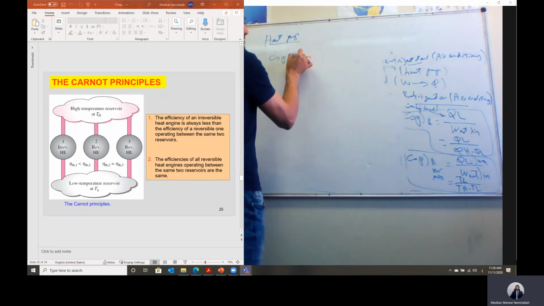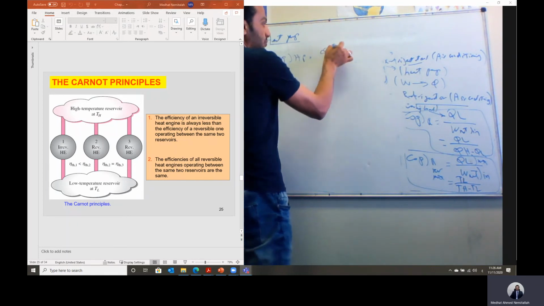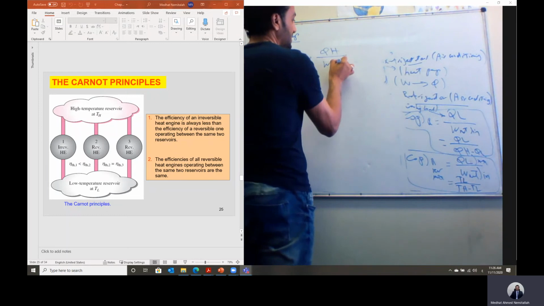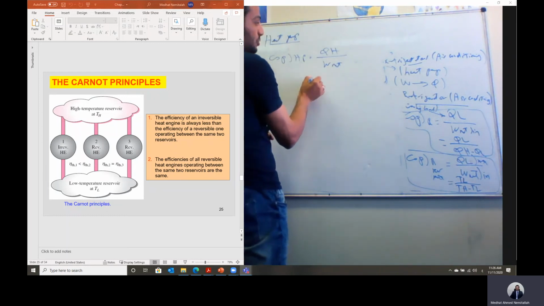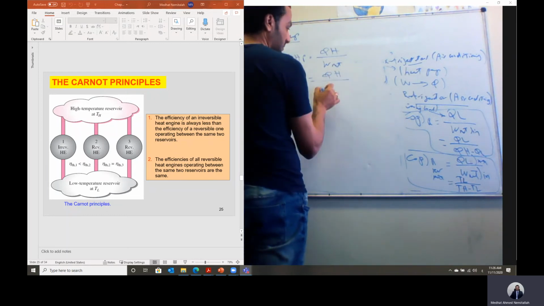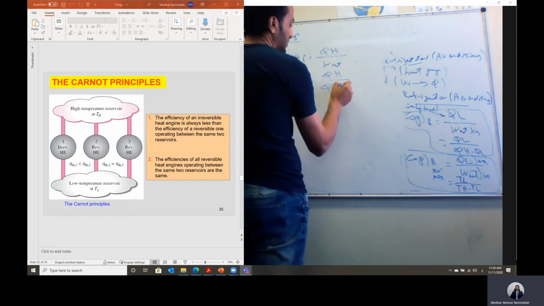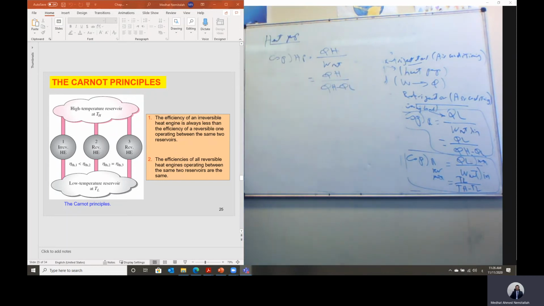The coefficient of performance of the heat pump is equal to Q high, the heat rejected from the condenser, divided by the net work input to the system. Q net is the same as work net, and we can replace work net by Q high minus Q low in this case.